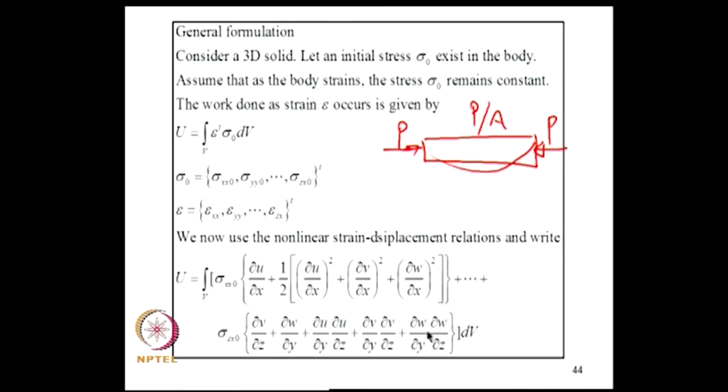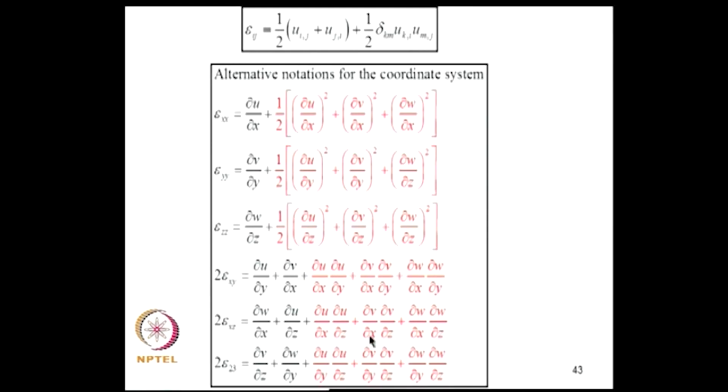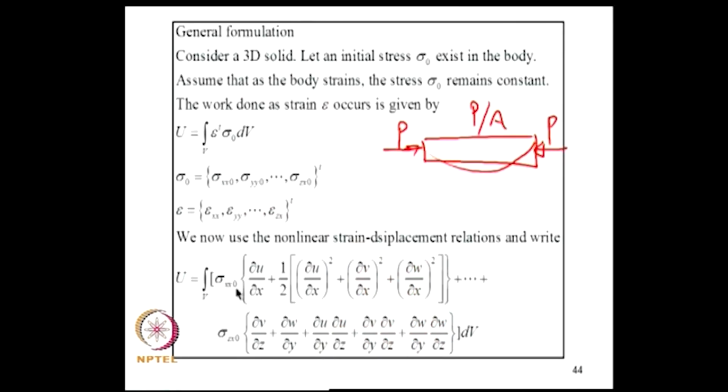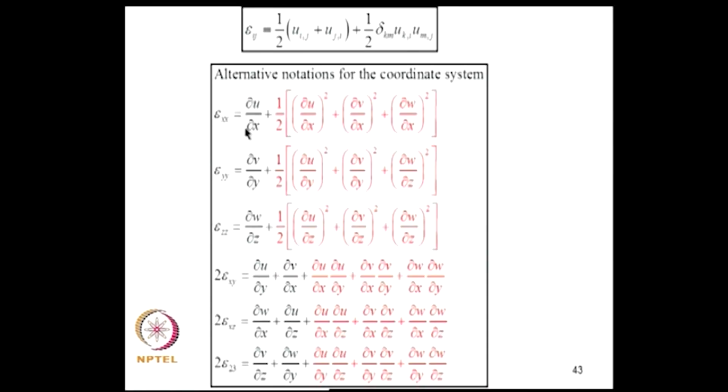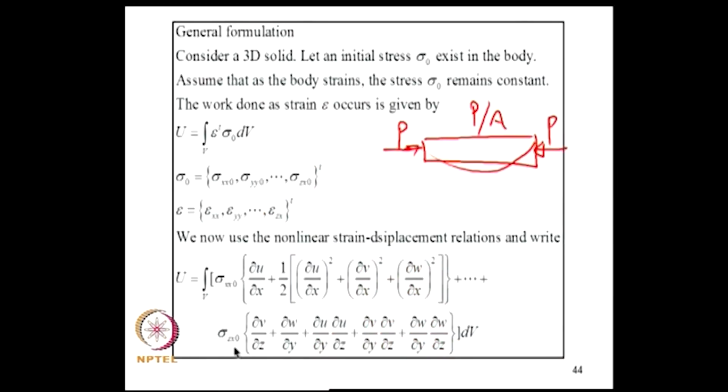I will have to put all this into this equation. Sigma xx naught will get multiplied by epsilon xx, which is entirely all these terms, not just the first term. It is the interaction between sigma xx naught and these terms that creates the issues related to buckling or loss of stability. Similarly, I get other terms.